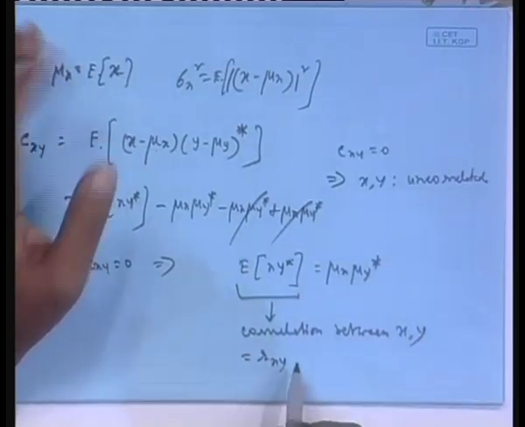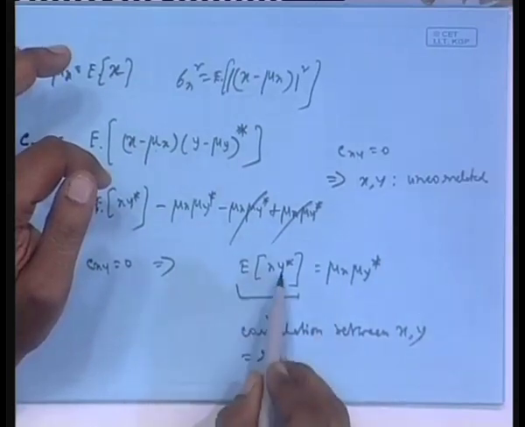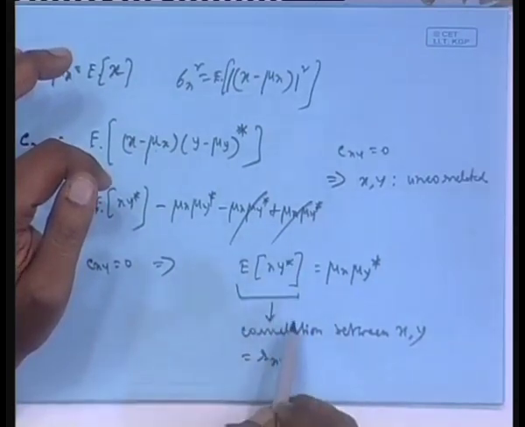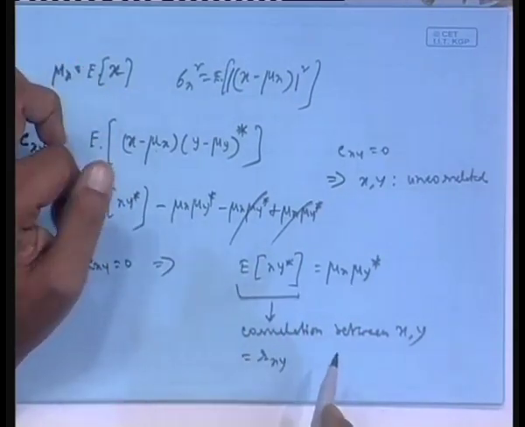The order is important when they are complex. Between x and y means x first, y second, star on that. Between y and x means y first, star on x. So this order is important in the case of complex variables.